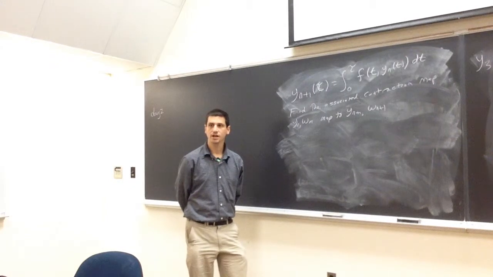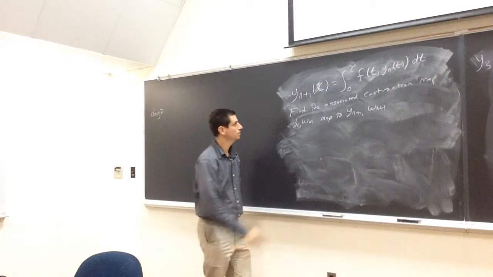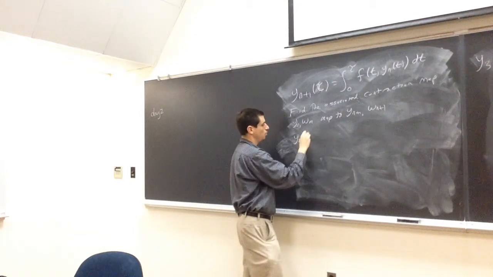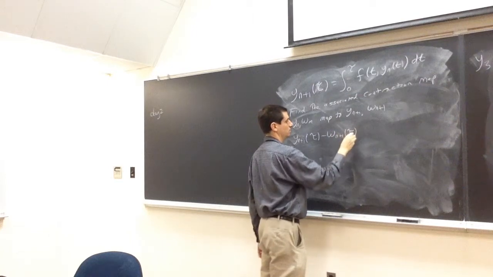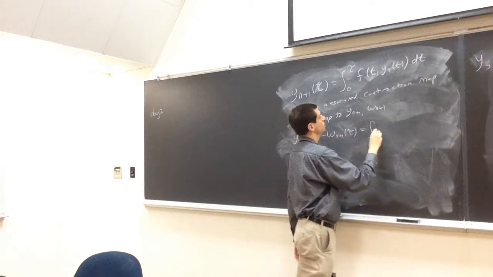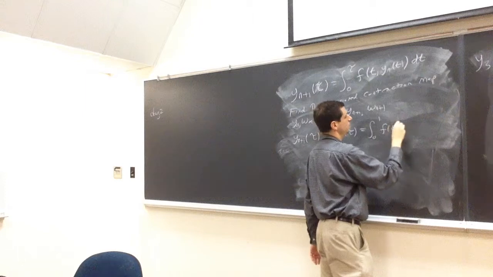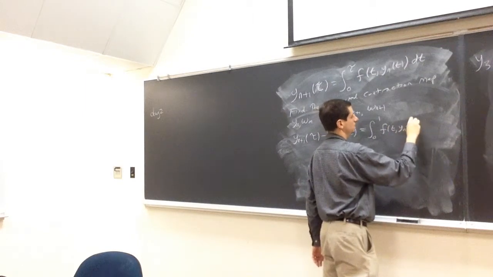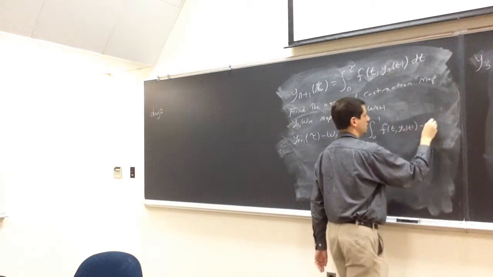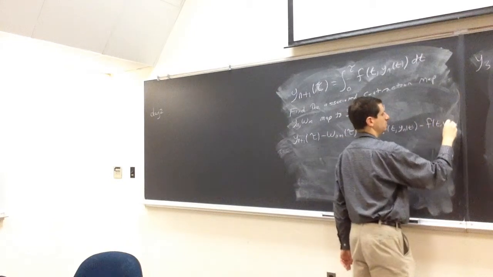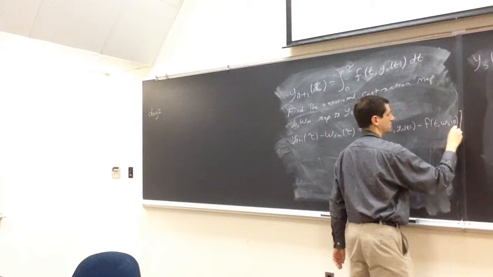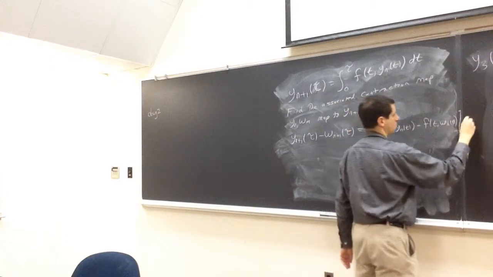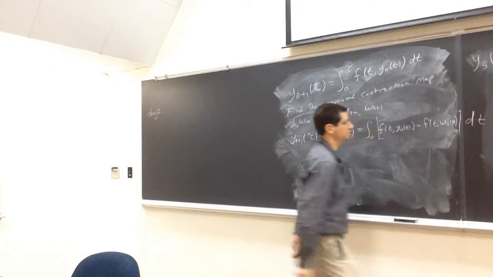And just see, are they closer or further apart after we apply the map? So y_{n+1}(tau) minus w_{n+1}(tau) would be equal to the integral from 0 to tau of f(t, y_n(t)) minus f(t, w_n(t)) dt.